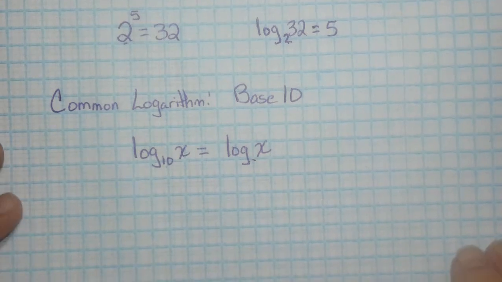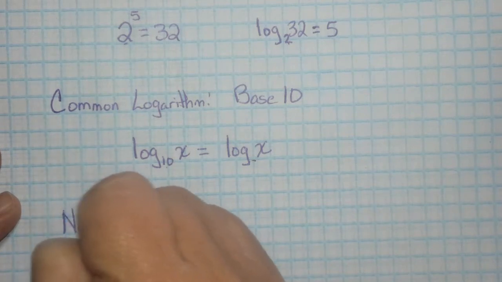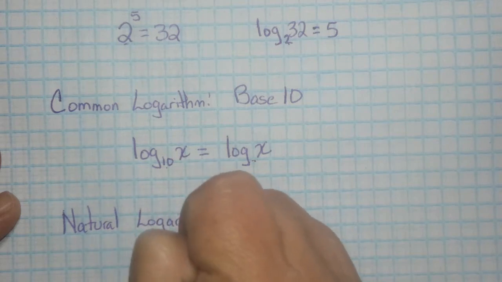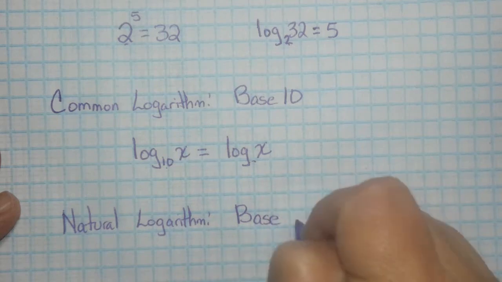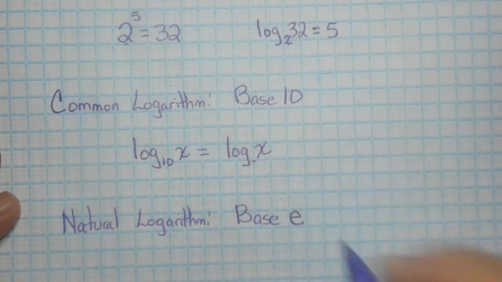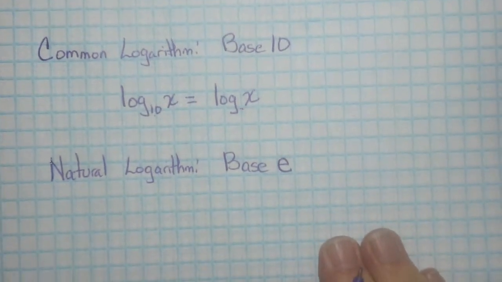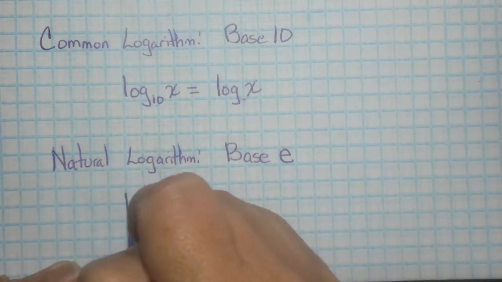Alright, then our other logarithm is the natural logarithm. And that is base e. E is a number. And so when we have a logarithm to base e, it would look like this.